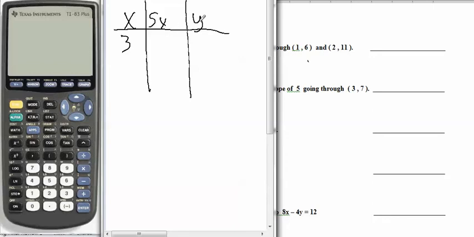Which will be plus or minus something equals y. So if we have 5 times 3, what do we have to do to get to 7? 5 times 3 is 15. So from 15, we have to subtract 8 to get to 7. So our equation would be y equals 5x minus 8.